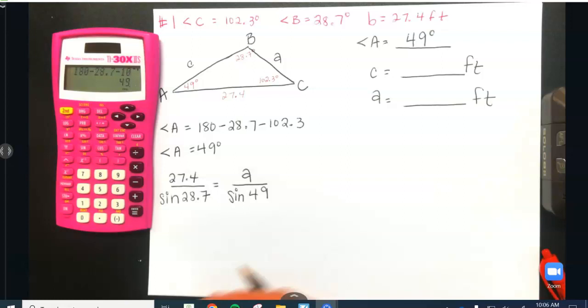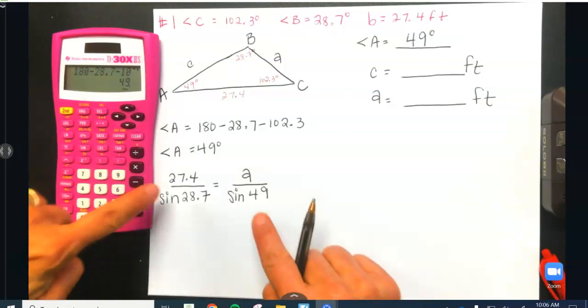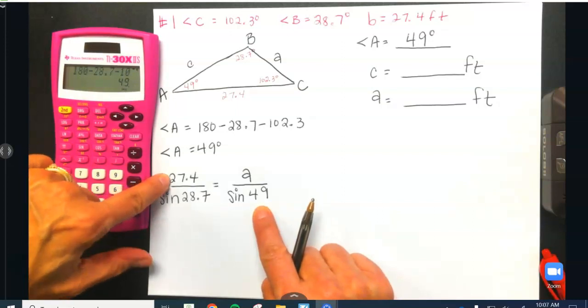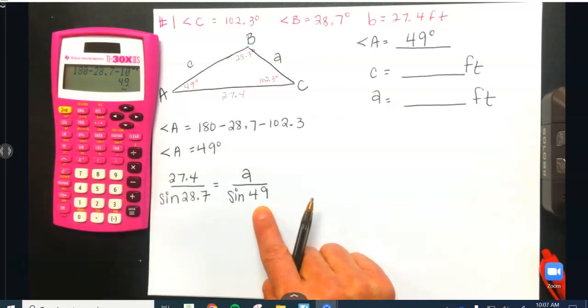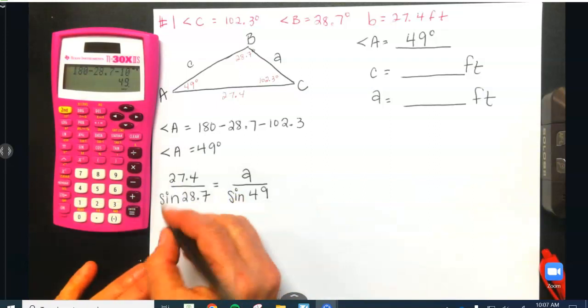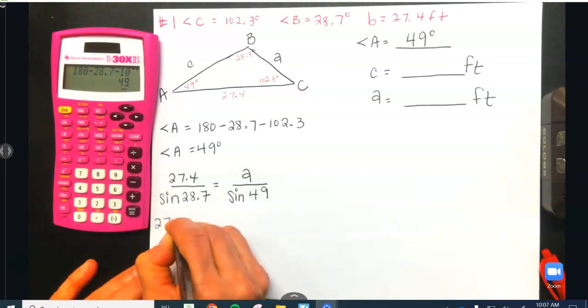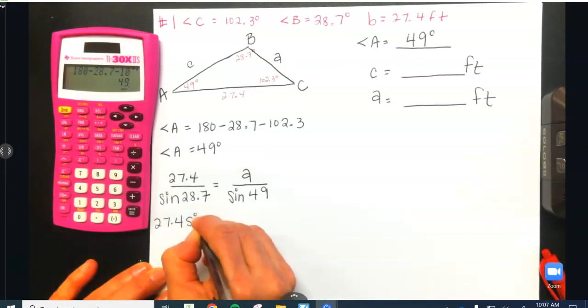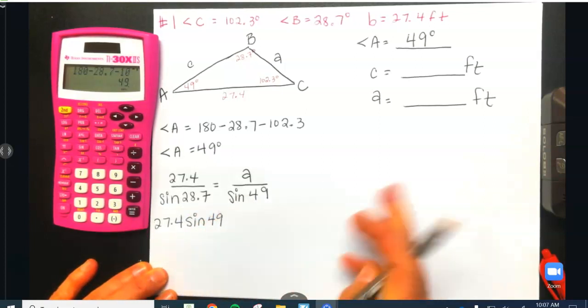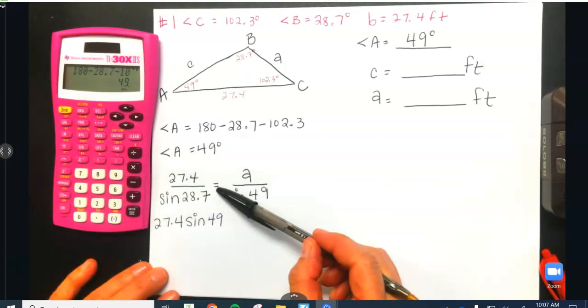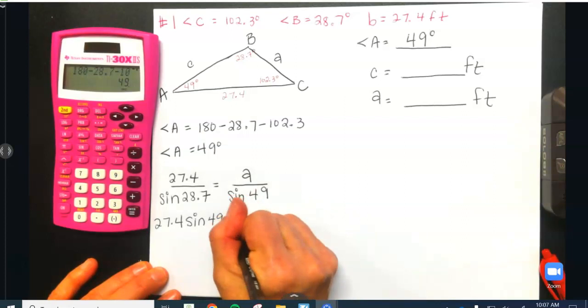So with that being said, we can solve for a. Let's cross multiply and then divide. I'm going to multiply these two together. Not really, I'm going to do it on the calculator in a minute. But when I write them, I'm going to write the 27.4 first, then the sine value of 49. I'm going to recopy my equal sign.